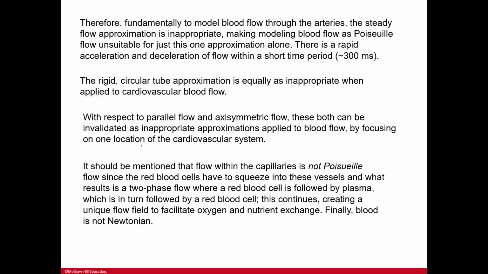And then here you have some findings, right? Fundamentally, to model the blood flow through the arteries, the steady flow approximation is inappropriate, making the modeling of blood flow through Poiseuille unsuitable for just one approximation alone. The rigid circular tube approximation is equally as inappropriate because our veins are not rigid circular tubes, right? With respect to parallel flow and axisymmetric flow, these both can be invalidated.